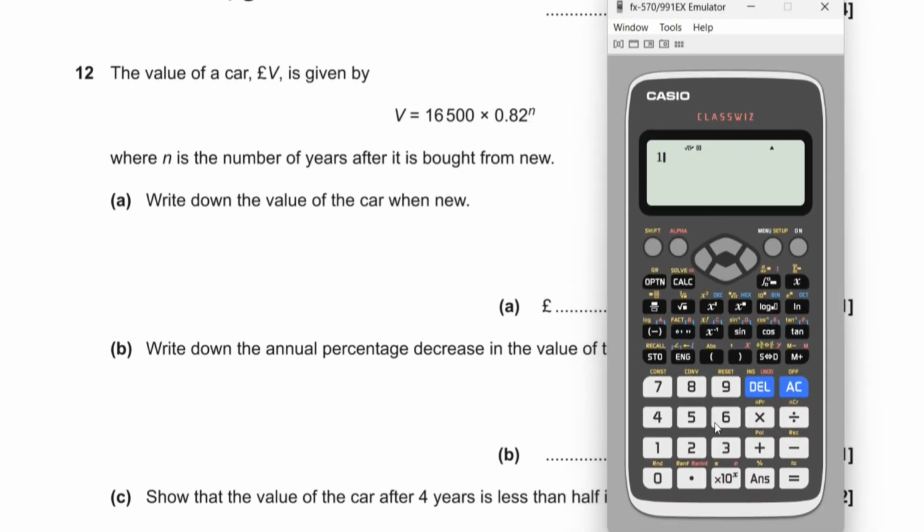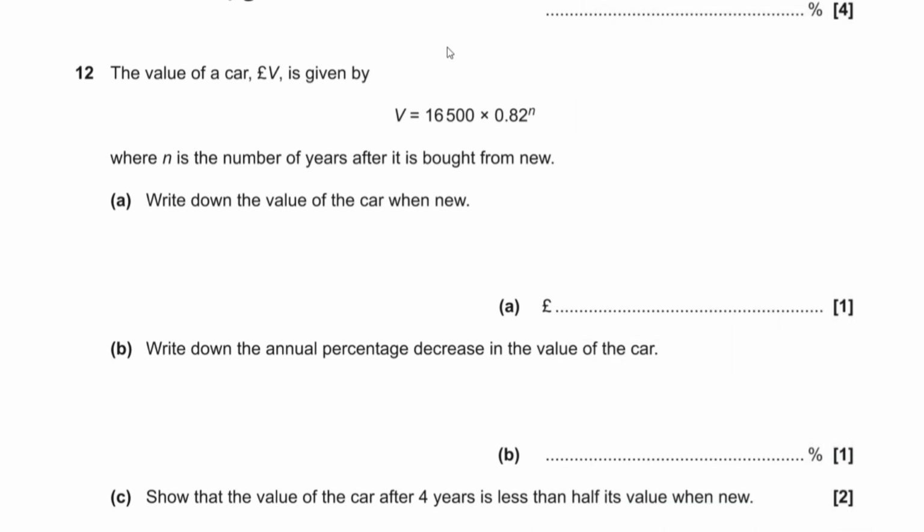So we have 16,500 multiplied by 0.82 to the power of 0, which is 16,500. So the value of the car when it's new is 16,500.